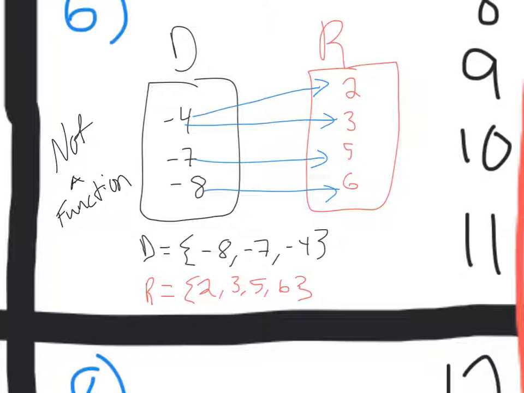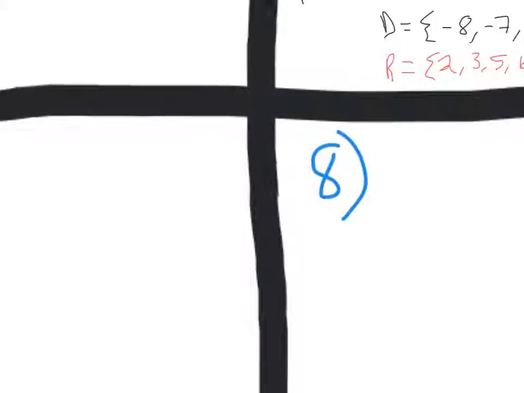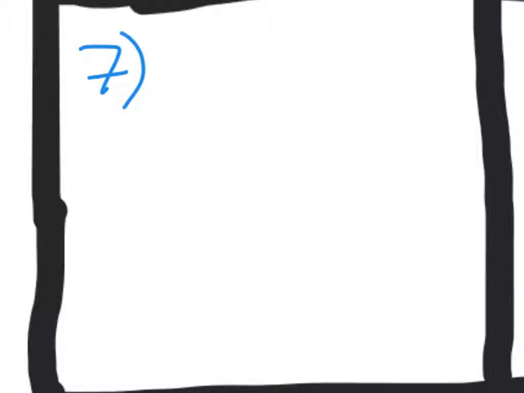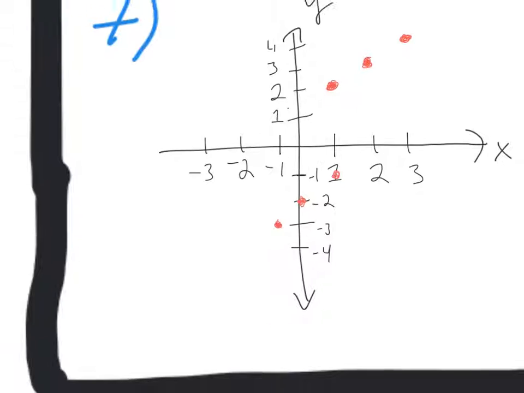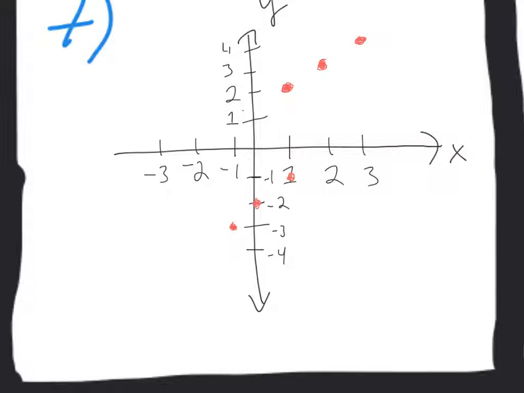All right, one more. I'll jump to number 7. First of all, I apologize for the quality of the picture of this problem, so that's why I wanted to do this one, just to help you guys out.